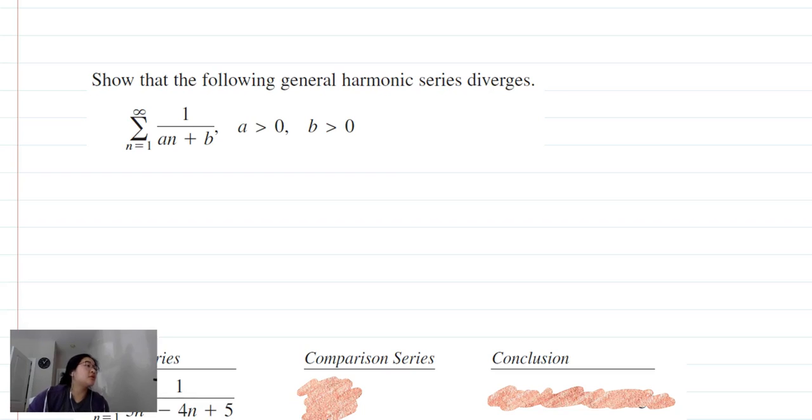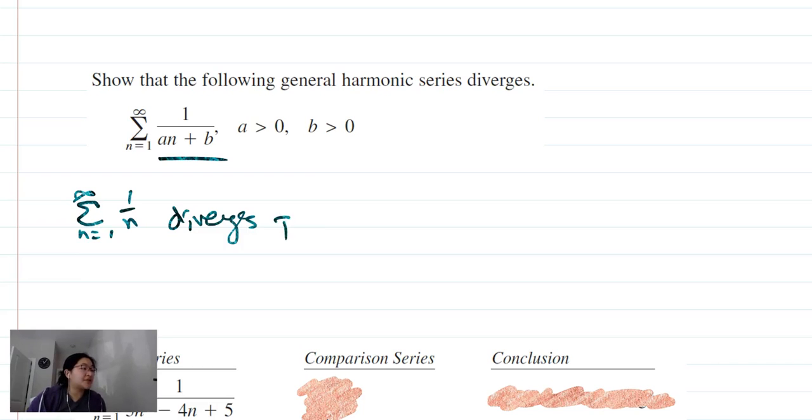So how could we show that the general harmonic series, so this is our general harmonic series, diverges? Well, we should probably use a limit comparison test. So we know that our sum from n is 1 to infinity of 1 over n diverges, because this is a p series.